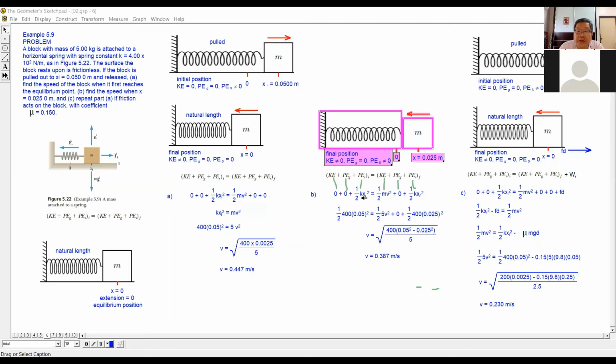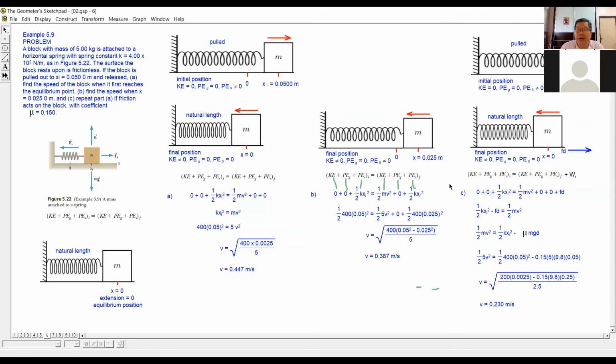So substituting k equals 400, x is 0.05, just leave it there. Half mv squared: half, m is 5, v is v. Then the spring potential energy: half, k is 400, x is now 0.025.